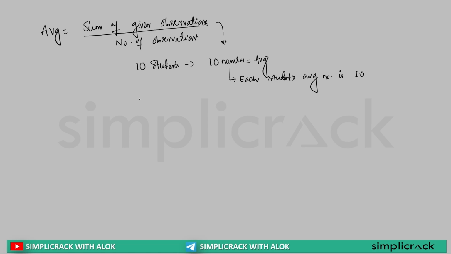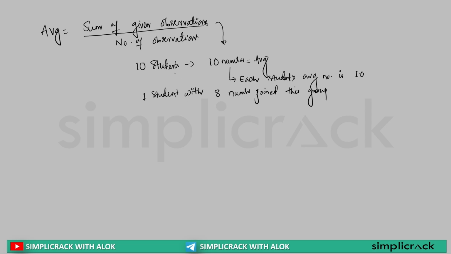Now one student with 8 number, for an example, his score was 8, joined this group. Then find the new average. Now you have two options.